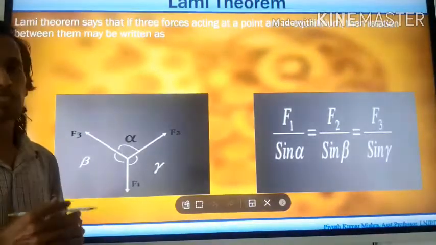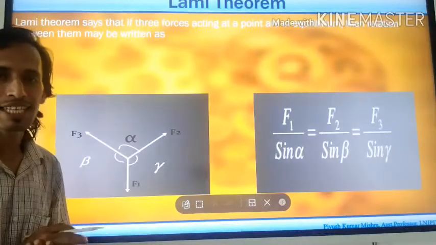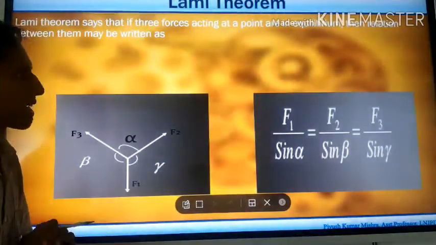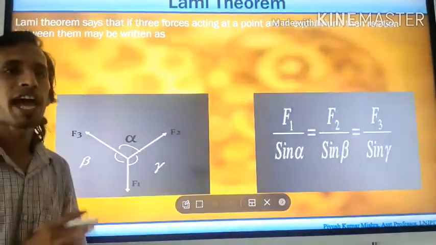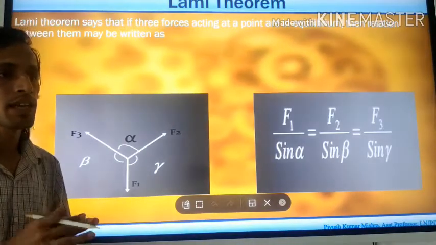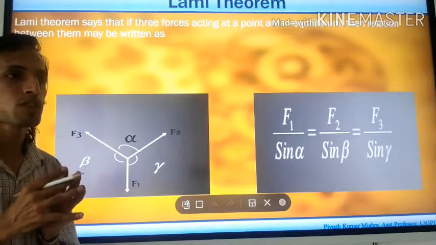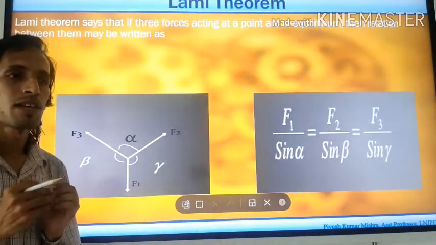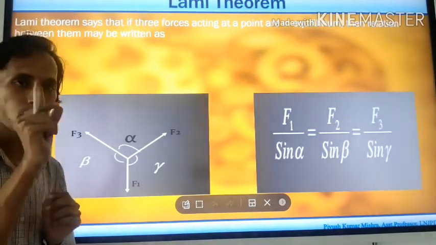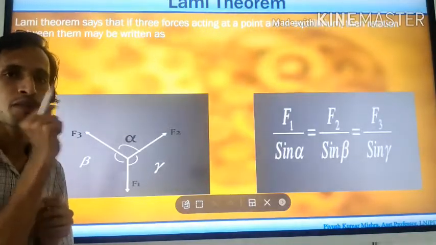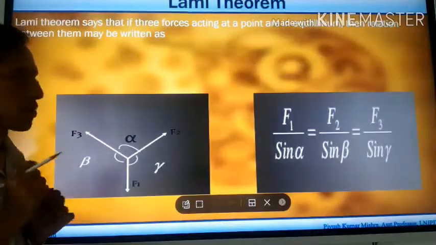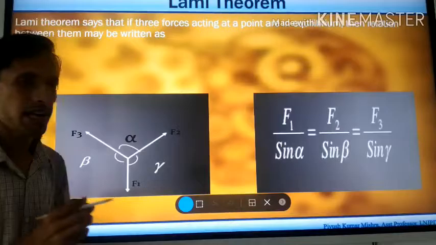You might have studied it in engineering mechanics. Lami's theorem will also help you solve the truss in a much faster way, with very quick, short calculation and in short time. So let us see what Lami's theorem is.